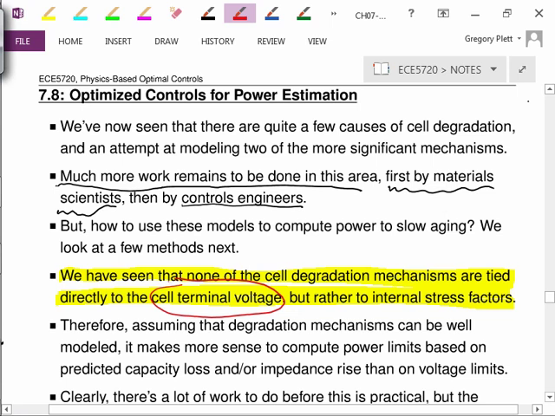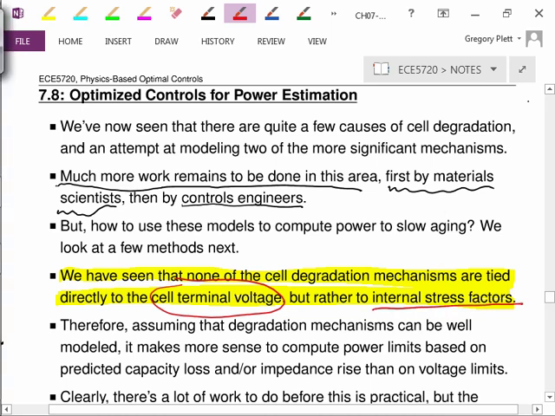That isn't the cause of degradation. So it's possible that when cell terminal voltage is too high or too low, that indirectly implies that cell degradation is happening because you're inferring something about the internal states of the battery cell, but nowhere in those equations did we see cell terminal voltage.